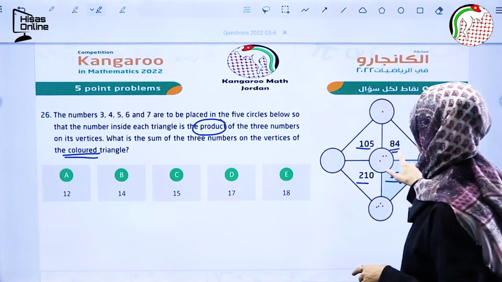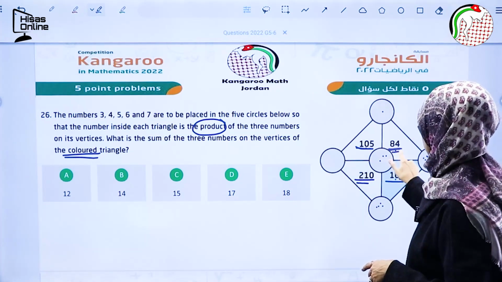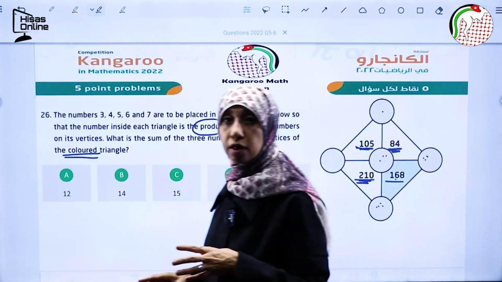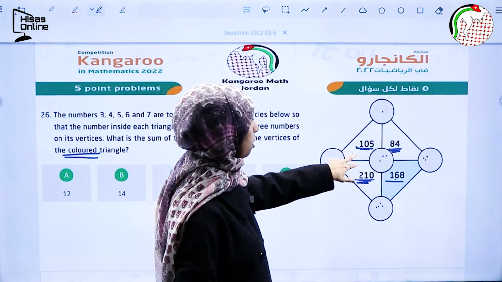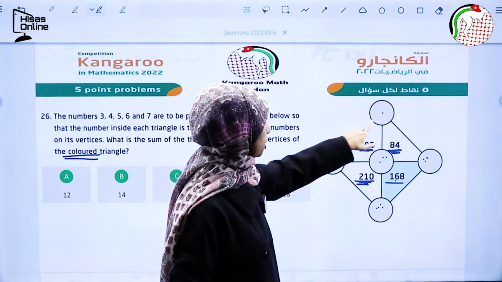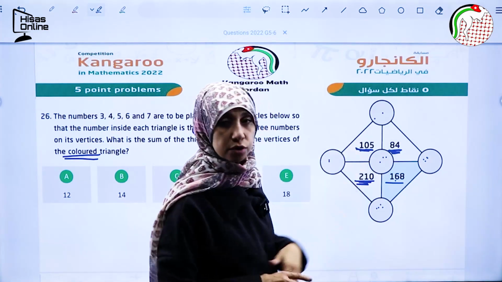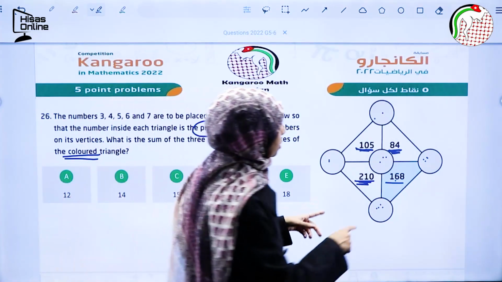So if you add all those digits here, you will find out that those are divisible by 3. Also, those 2 numbers are divisible by 5. So 5 can be shared between 210 and 105, and so forth. For me, I need to focus on this triangle only.